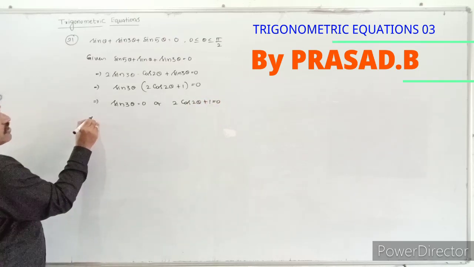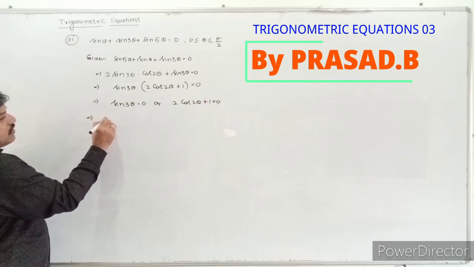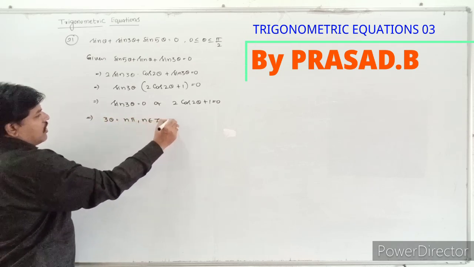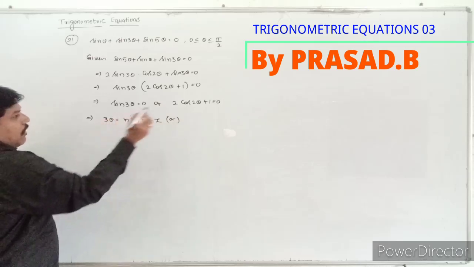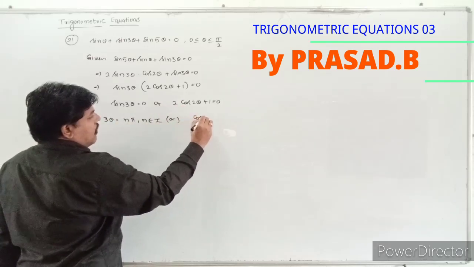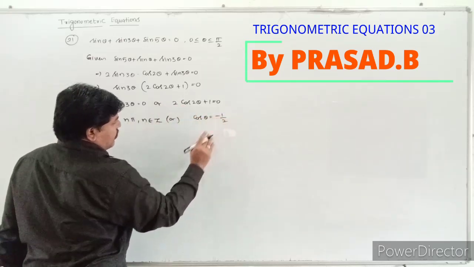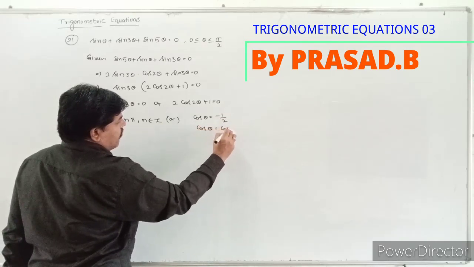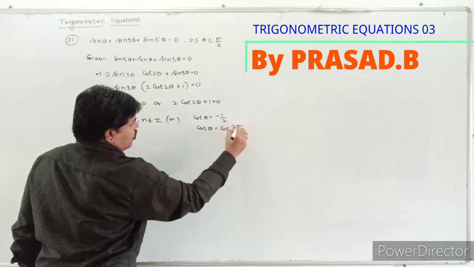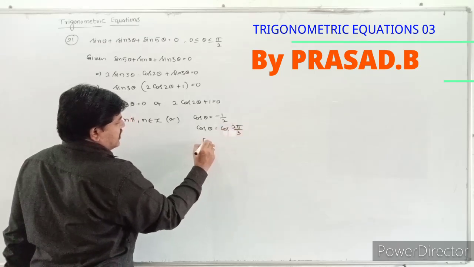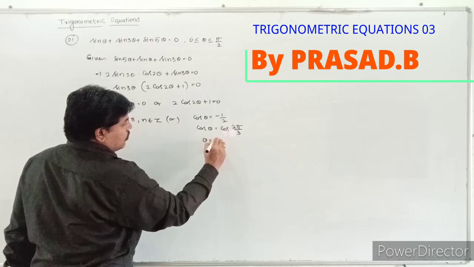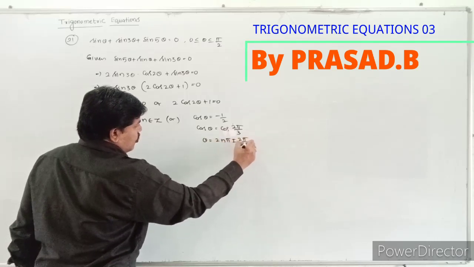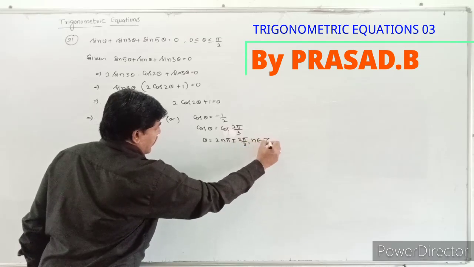If sin 3 theta is equal to 0, the solution is 3 theta equal to n pi, n belongs to Z. Or cos 2 theta is equal to minus 1 by 2, which is cos of 2 pi by 3, so the general solution is theta equal to 2n pi plus or minus 2 pi by 3, n belongs to Z.